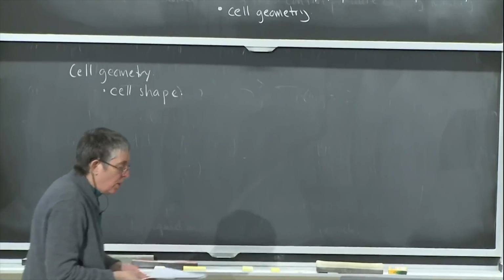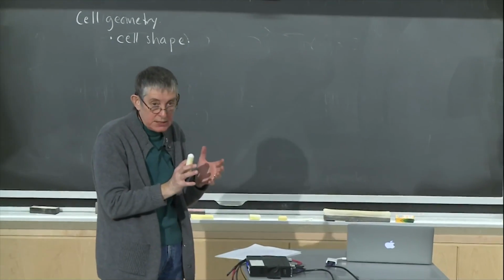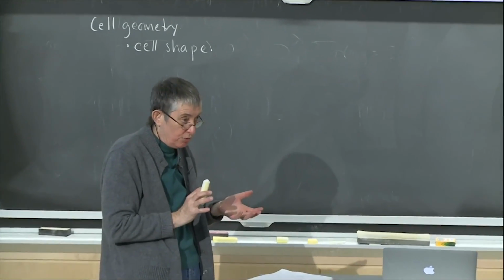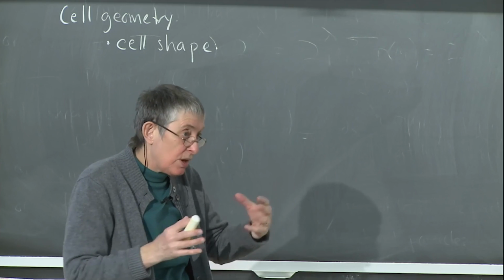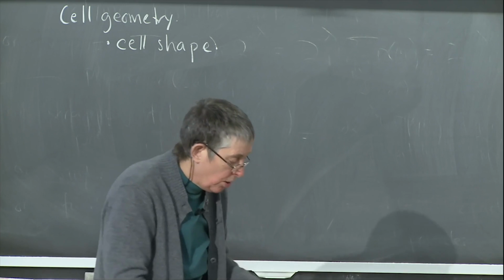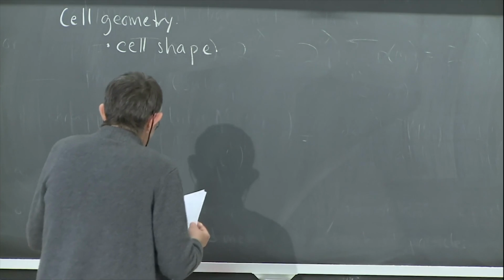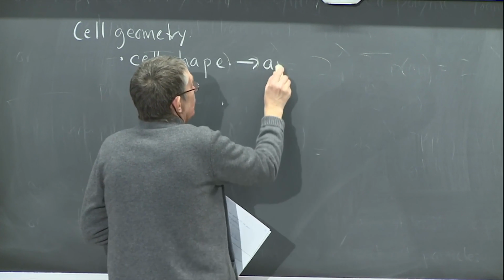You can kind of imagine if you have a foam and you've got equiaxed cells, you might expect to have the same properties in all directions. But if you had cells that were elongated in some way, you might expect you'd have different properties in the direction that they're elongated relative to the other plane. So cell shape can lead to anisotropy.